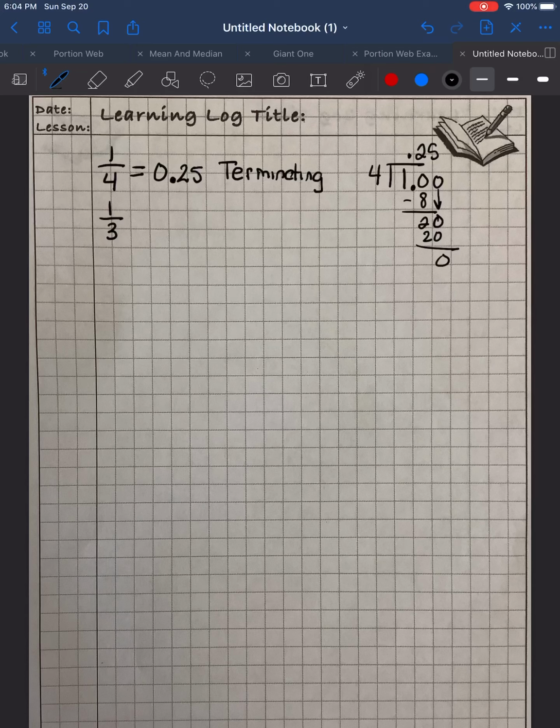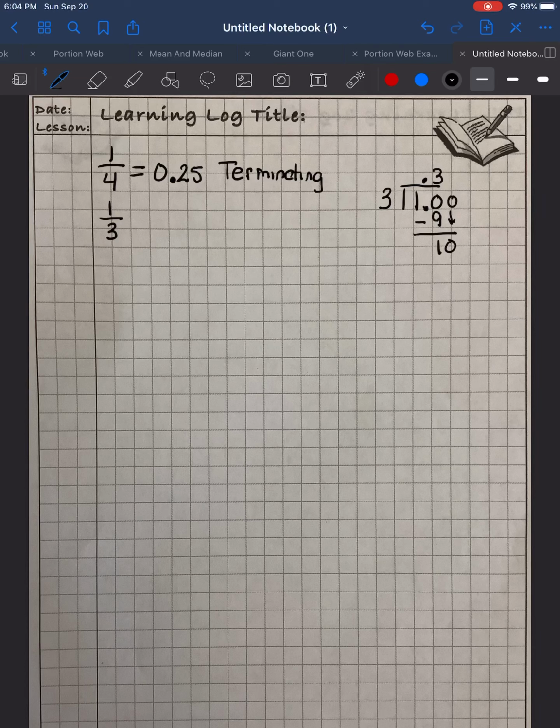Okay, now the 1/3, and I'm going to erase because that was just how we did the work, but I don't need to keep that. And I'm going to deal with the 1/3. 1 divided by 3, put in my decimal point, add a 0. Well, from 10, I can get 3 groups of 3, that's 9. I subtract, and there's 1 left over. Add a 0, bring it down.